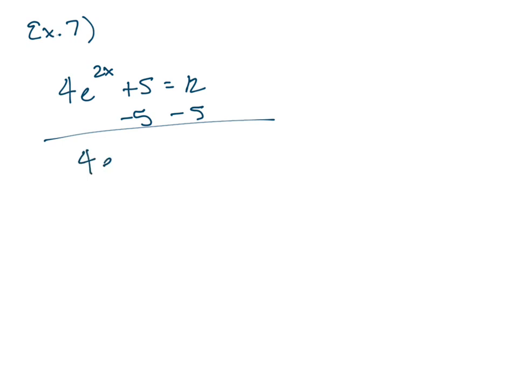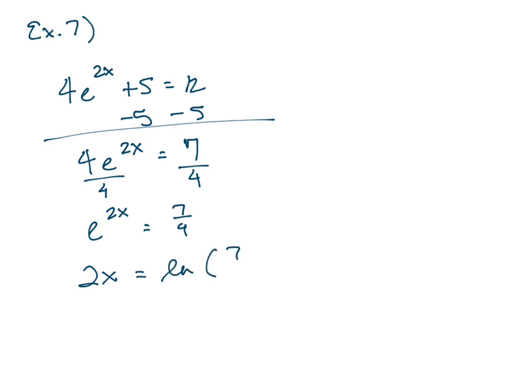So we have 4e to the 2x equals 7. Now divide by the 4. So e to the 2x equals 7/4. Now what? Natural log both sides. So what do we end up with on the left? 2x equals natural log of 7/4. And then divide by 2.